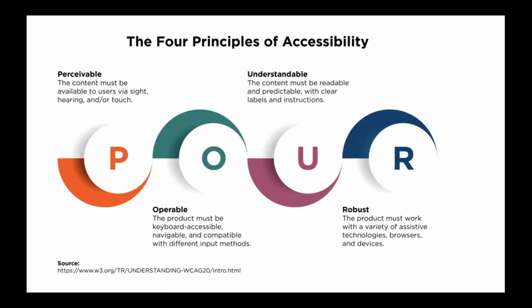They should be operable not only by mouse but also by keyboard. They should be understandable. So when you click a button, you should be able to have an idea of what will happen if you do it. And the content should be understandable for different levels of understanding for different people. And also robust, which means that we should be able to access the content with browsers and different devices like screen readers.